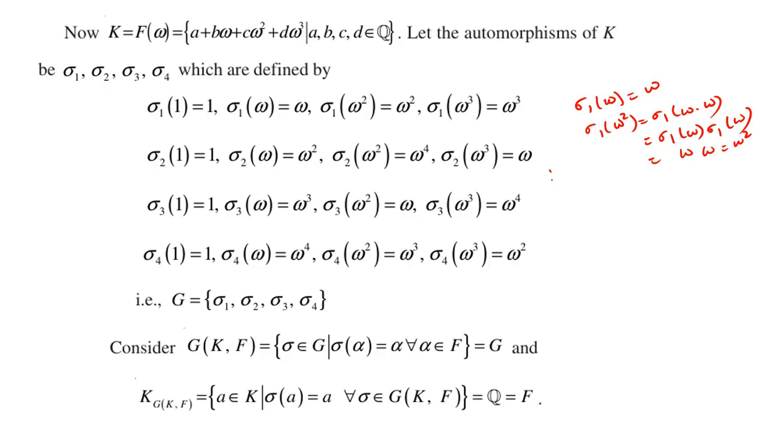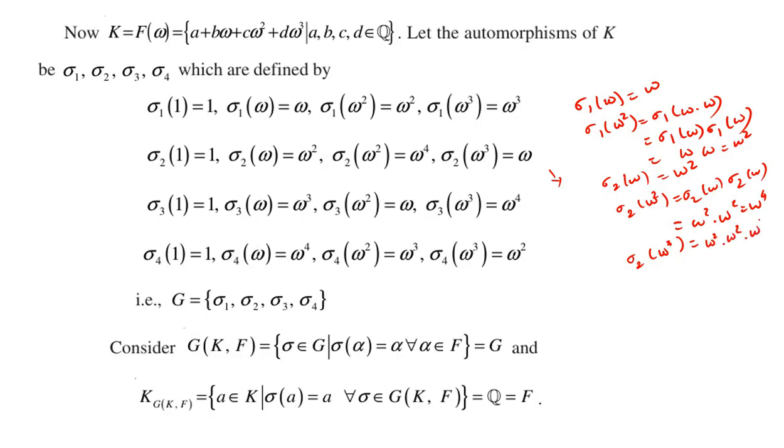Like that, even here, when you consider sigma 2 of omega is omega square, and you want sigma 2 of omega square, it is sigma 2 of omega into sigma 2 of omega. So that will be omega square into omega square. And when you consider sigma 2 of omega cube, it will be omega square, omega square, omega square.